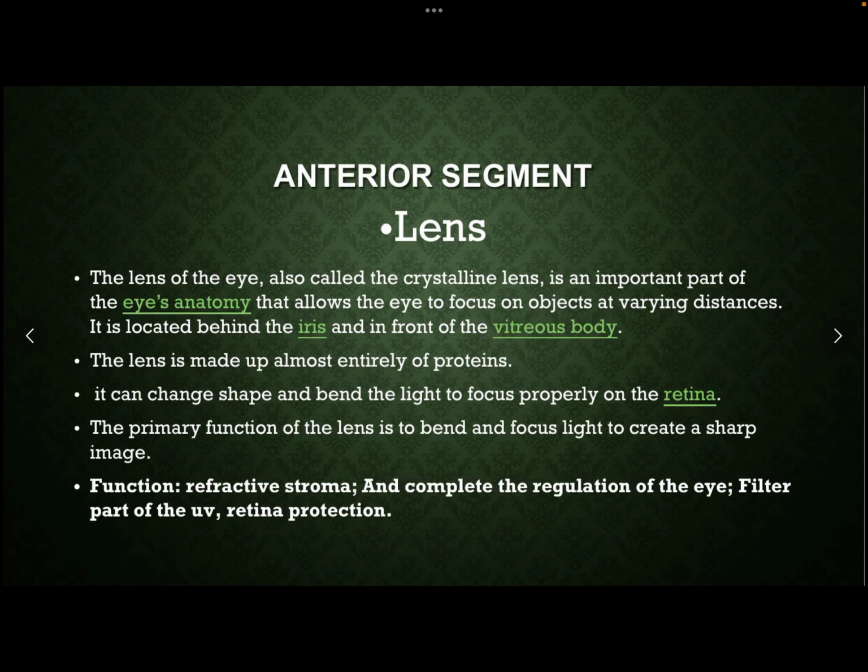It can change shape and bend the light to focus properly on the retina. The primary function of the lens is to bend and focus light to create a sharp image. Functions of the lens: refraction, regulation of the eye's focus, filtering part of the ultraviolet rays, and retina protection.